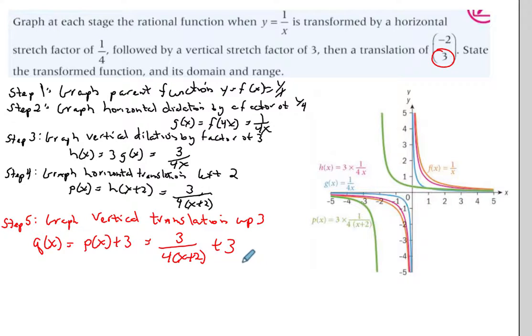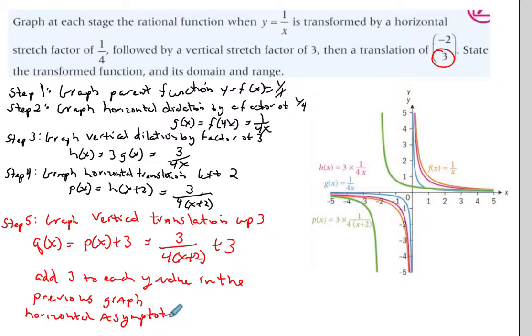In terms of ordered pairs, this means that every (x, y) on my p function gets 3 added to its y value. So my vertical asymptote will stay where it is at x equals -2, but my horizontal asymptote has now been moved up 3 units. So my graph is moving straight up 3 for all corresponding points.